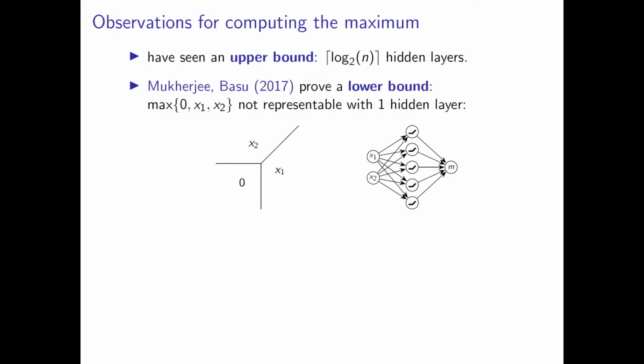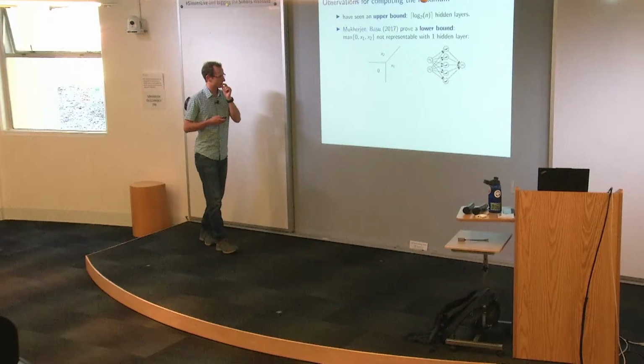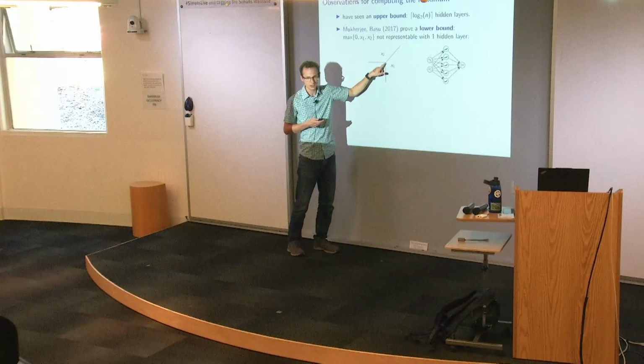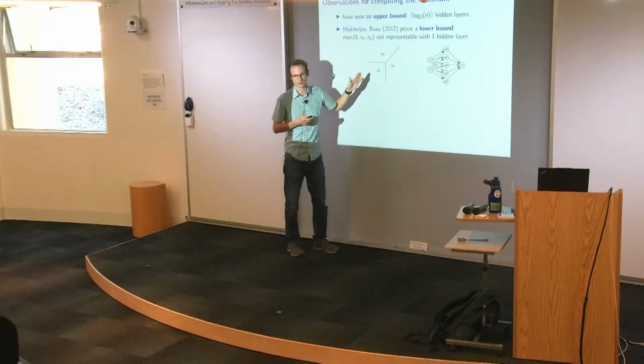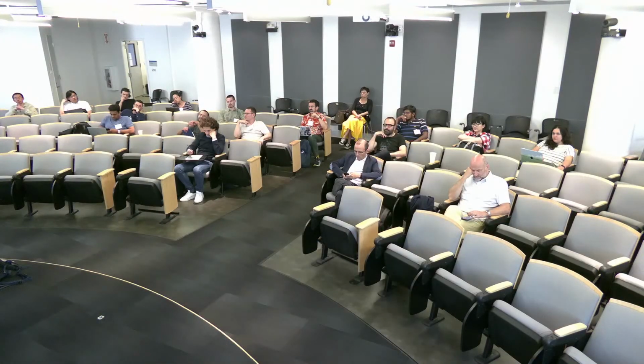OK, yes? If you say your domain is only some compact set, does that make everything different? Like here it seems like it would work, no? In exact representation, no. If your compact set contains the origin in the interior, exact representation still doesn't work. You still have the same hyperplane argument. Could you translate it and translate it back?